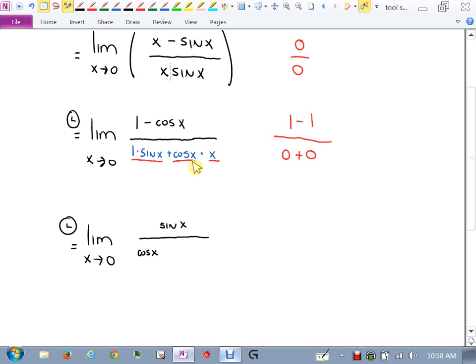Yes? You did product rule here? So you get negative sine x times x. So derivative of this times this plus derivative of this times this, which is cosine x. Is that what you had?